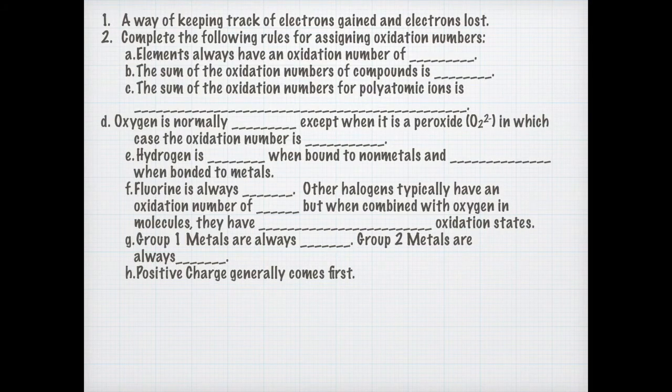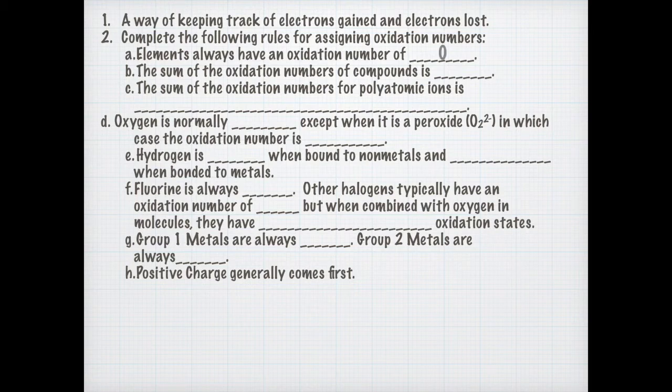So in order to understand what's being oxidized and what's reduced, in order to understand charge, we need to talk about oxidation numbers. Oxidation numbers are simply a way of keeping track of electrons that are gained or lost. So here are some basic rules. What you'll find is that for a lot of the basic elements, oxidation numbers are very similar to charge, which you've already learned. So elements, atoms that are by themselves, have no charge, and their oxidation number is 0.